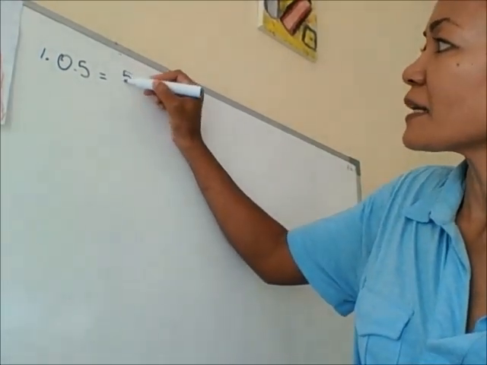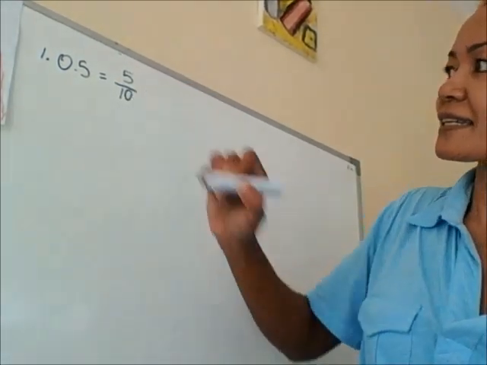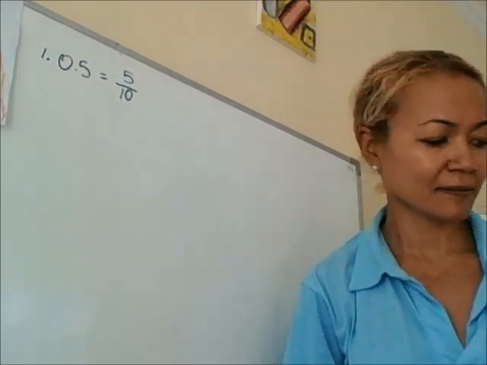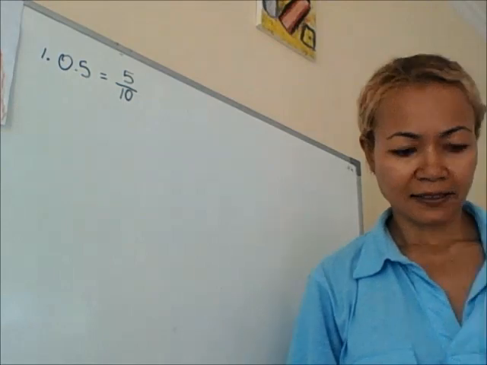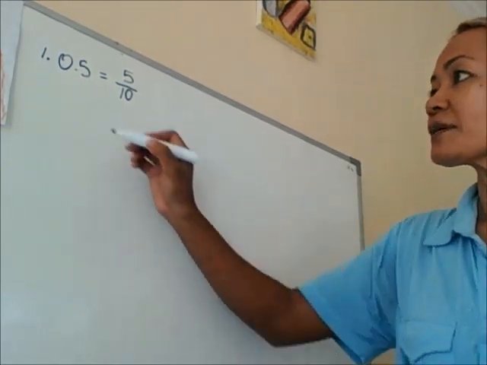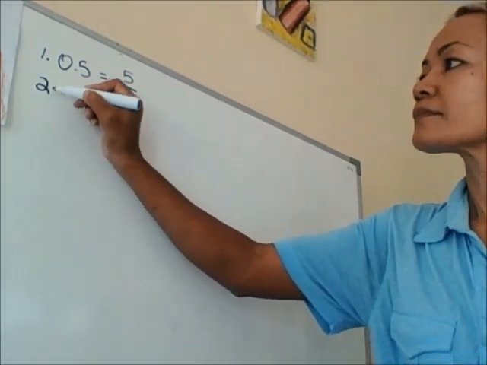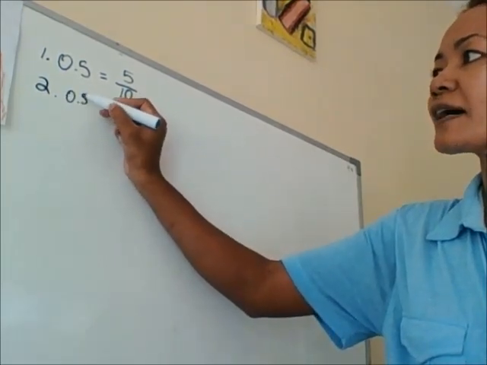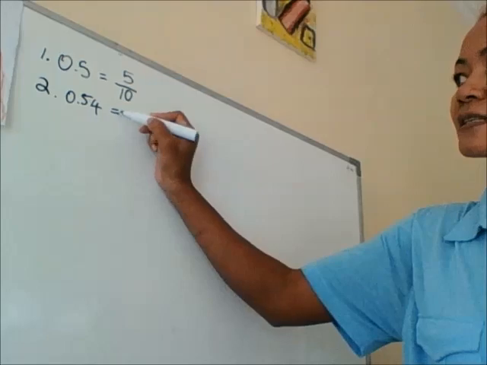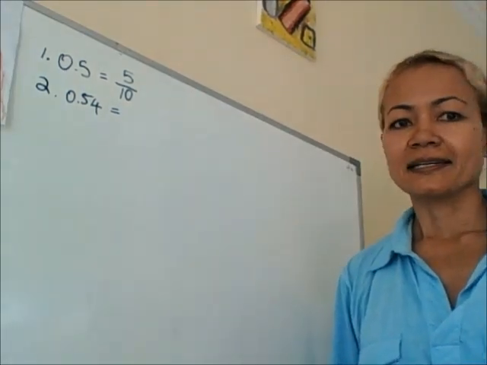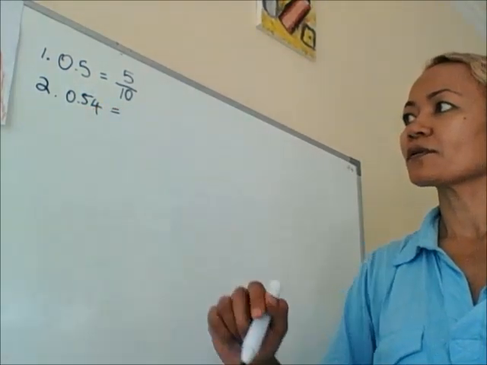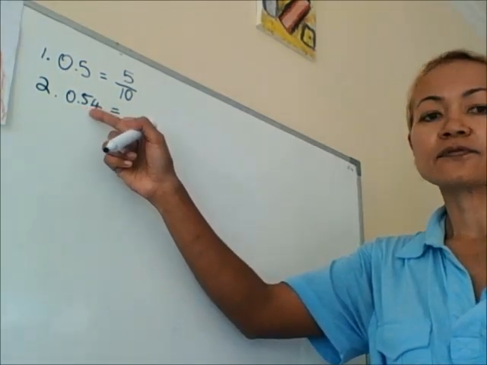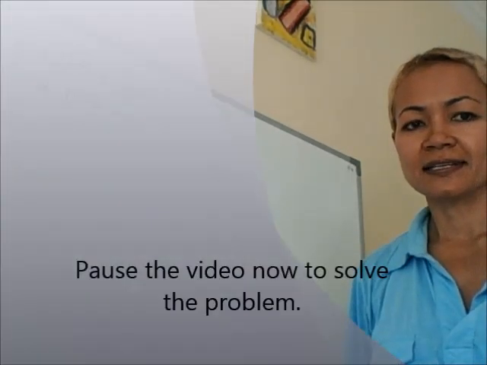So that number over 10. Okay. If we were to then go on to number 2, 0.54, which is equal to, now 54 hundredths.